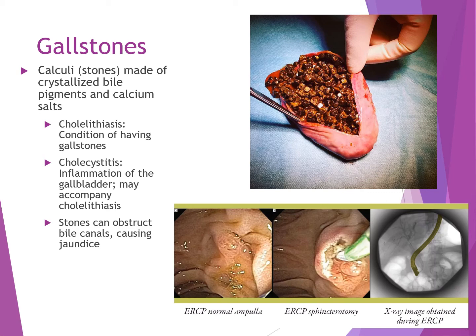And if there's any stones blocking that biliary tree, way back when, we used to do something called a common bile duct exploration, which was not a fun time. However, now they can send patients afterwards to get an ERCP, which uses ultrasonic waves to actually break down those stones. So that is pretty cool.